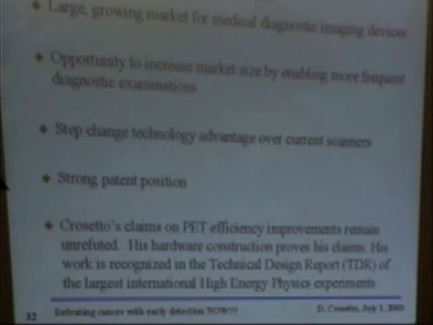The investment highlights are a large growing market for medical diagnostics, and it should and will replace the CT because it's included in the CT also. Opportunity to increase the market size, strong patent position, and so far all my claims remain unrefuted.